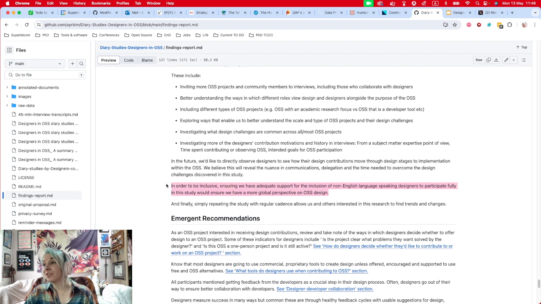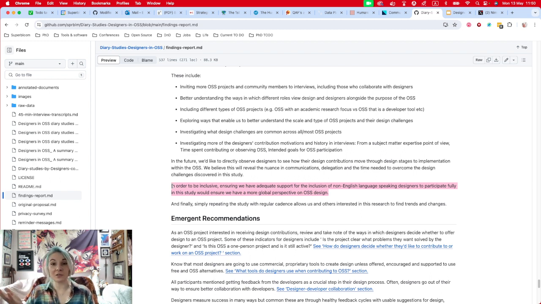One of the things that was really tricky, and we always try to do this in the work that we do with Superbloom, is that not everybody feels comfortable communicating in English.